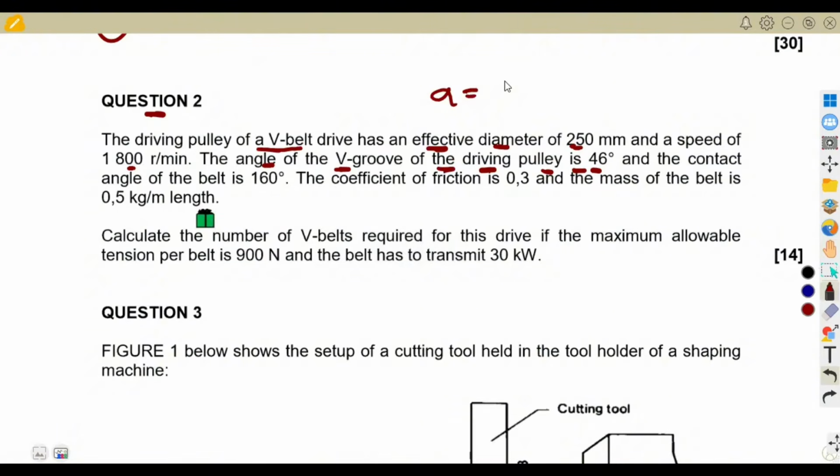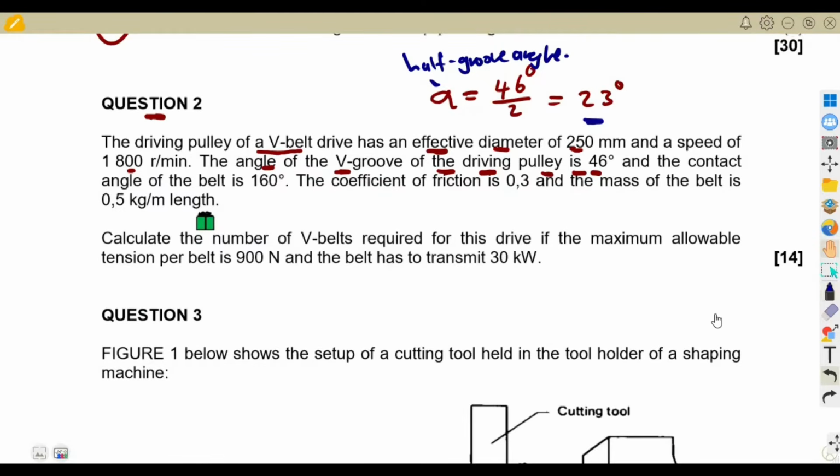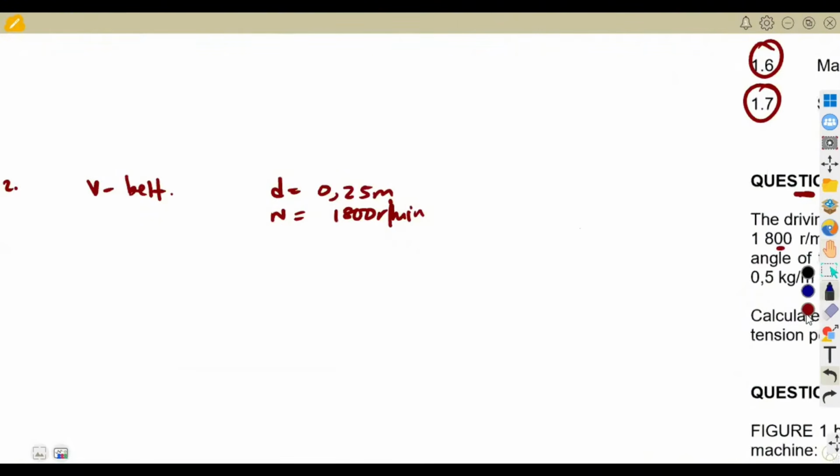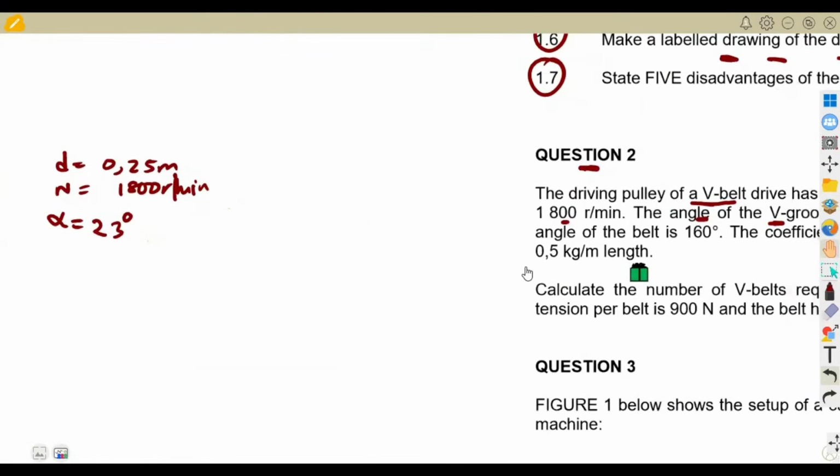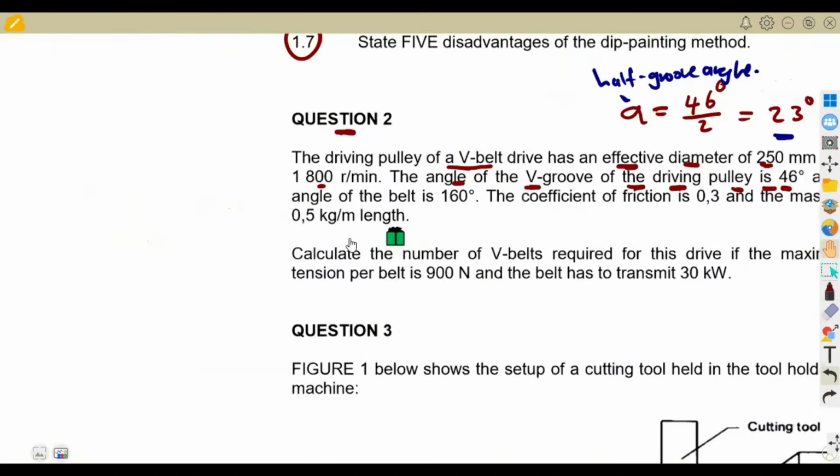So you divide 46 degrees by 2, which is 23 degrees, and it must be in degrees, all right? Alpha is taken in degrees. I'm going to show you the formula where you use this alpha. So remember, when you're dealing with the ratio between T1 and T2, we shall talk about that.